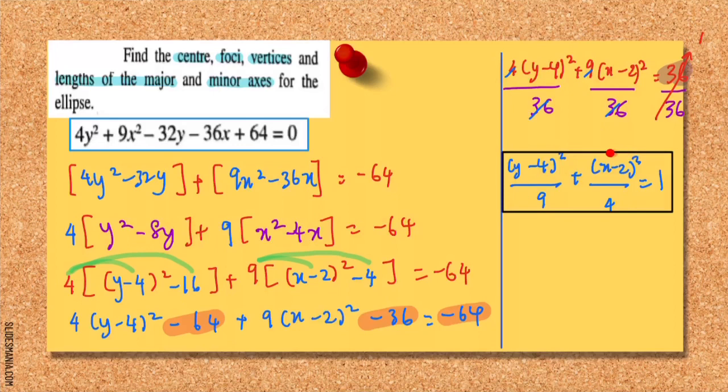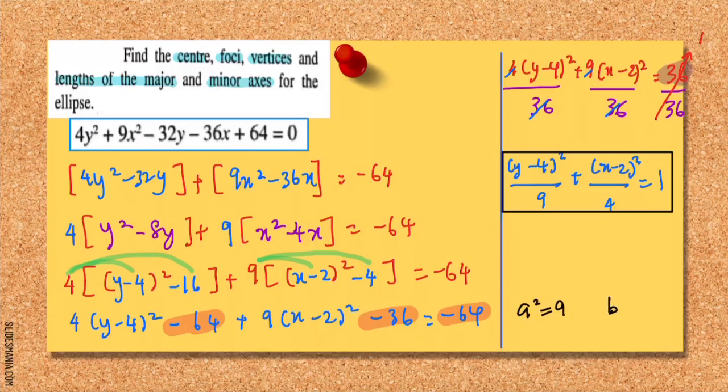Next, we need to decide whether this ellipse here, the major axis, is parallel to x-axis or parallel to y-axis. The way is, just look at the denominator. The larger one should be equal to a squared. So between 9 and 4, 9 is larger. Therefore, your a squared is equal to 9.